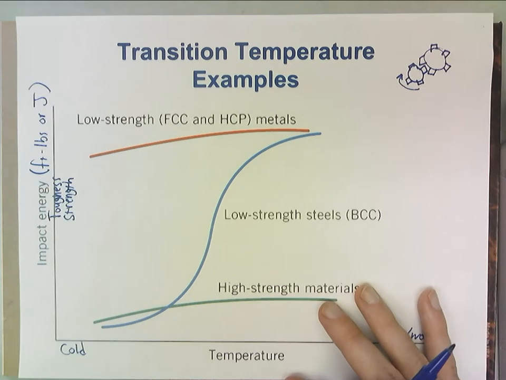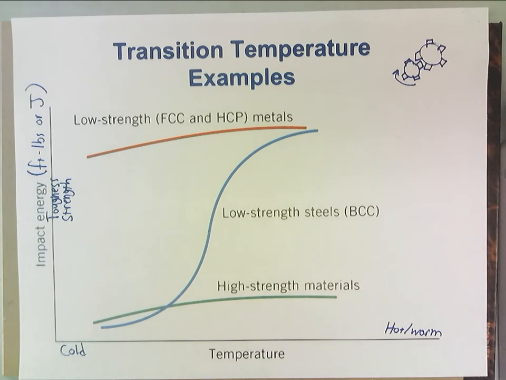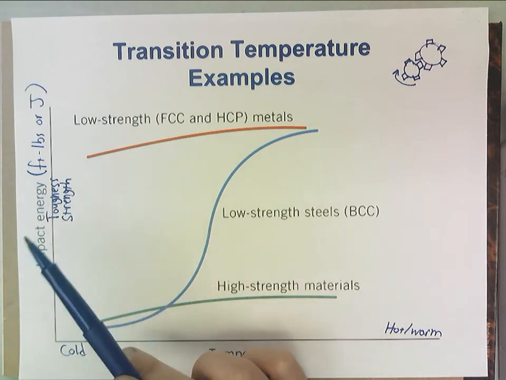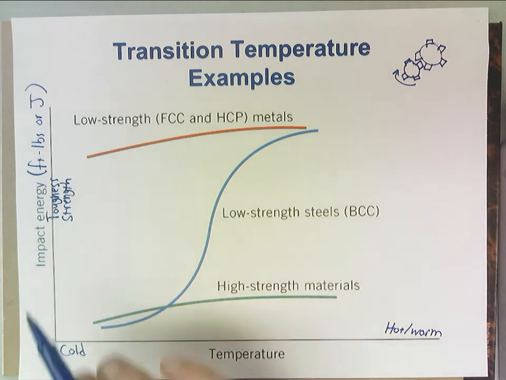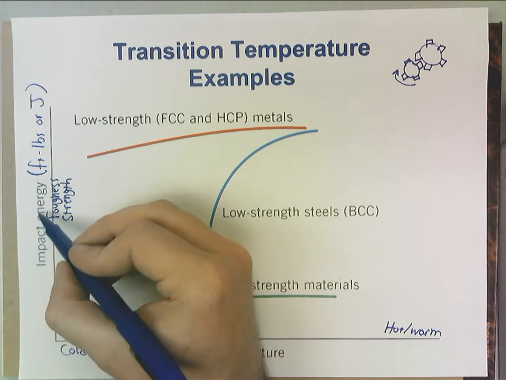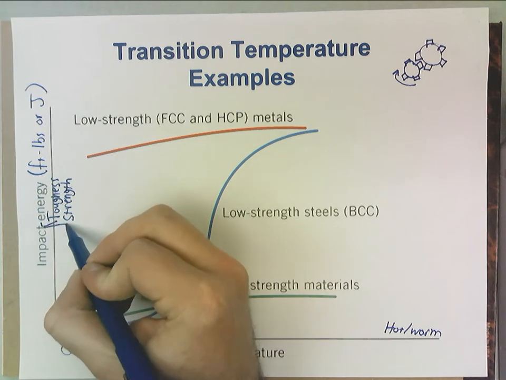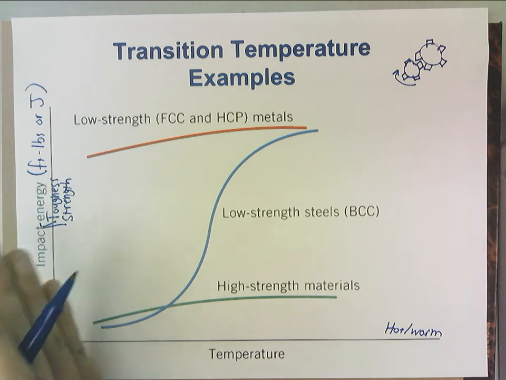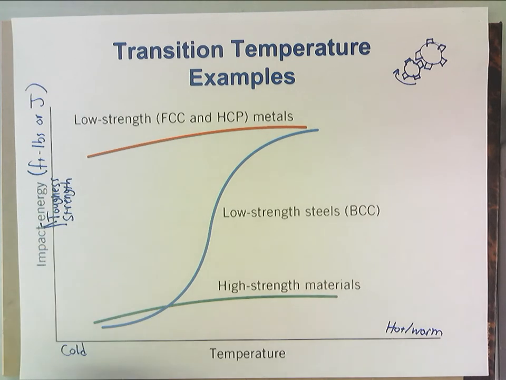You'll find it in textbooks. You'll find it on the internet, okay? But technically, this isn't a strength. It's an energy or a toughness. But all three of those, people are talking about the same thing for impact. So impact energy, impact toughness, impact strength, all should be a measure of the energy it takes to break a specimen.